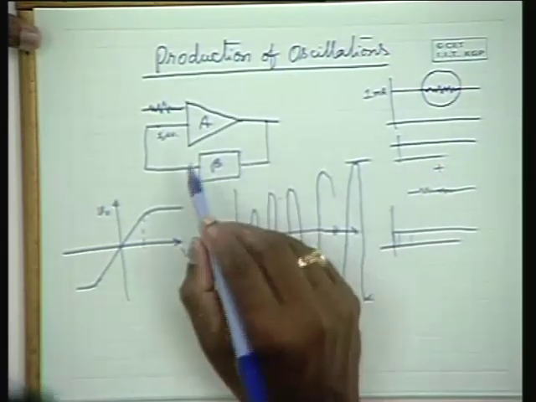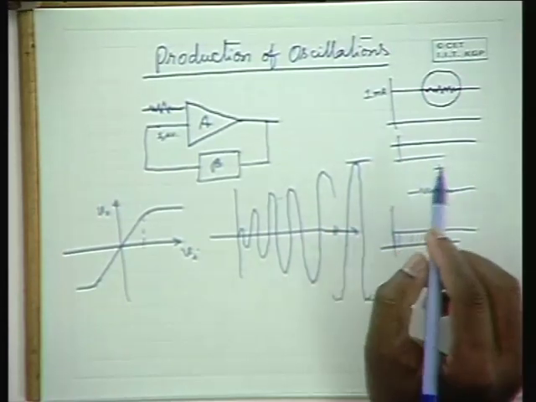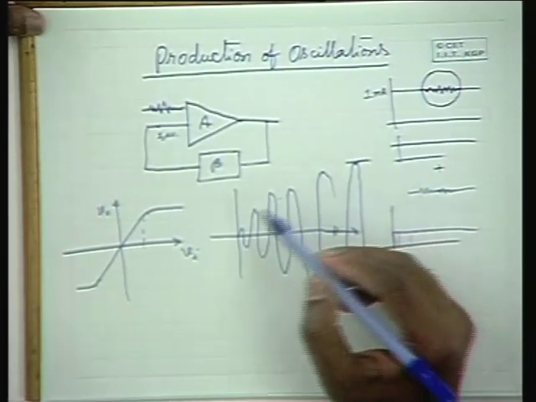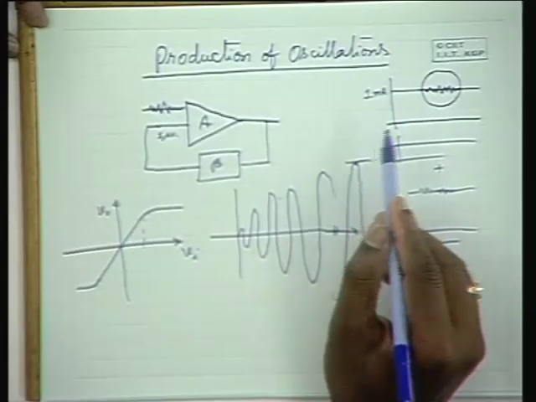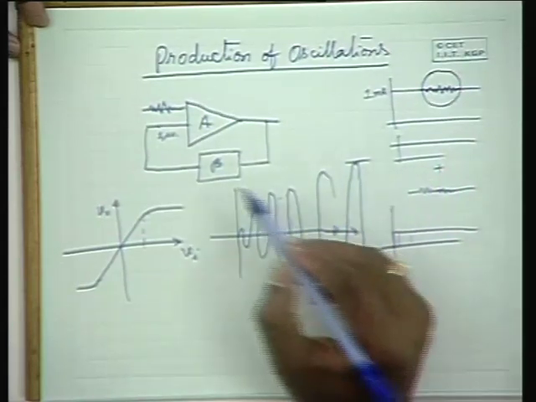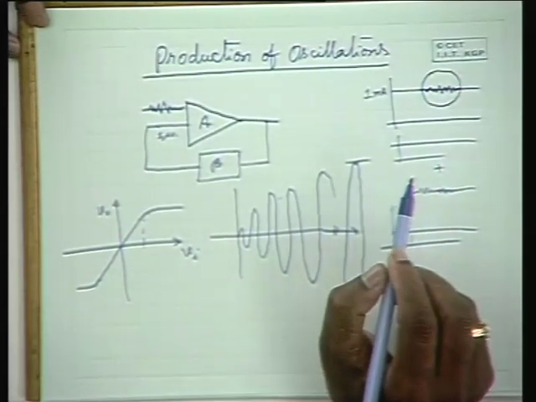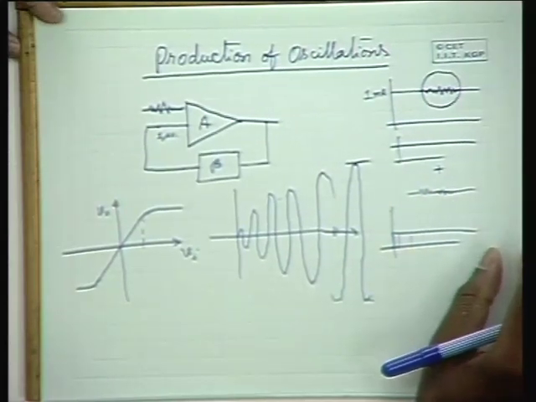If the dominating time constant of beta is say 1 millisecond, within 5 milliseconds, 5 times the time constant, oscillations can build up to about 98 to 99% of the final value. So it depends on the bandwidth of this beta network, and obviously A beta also.